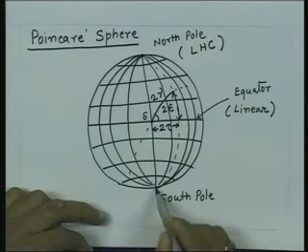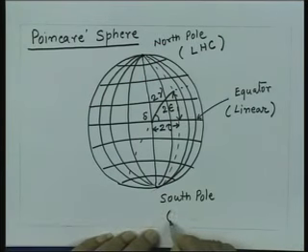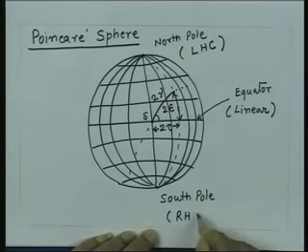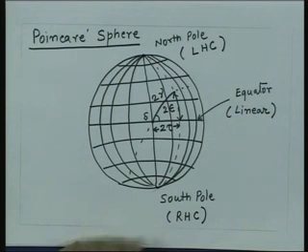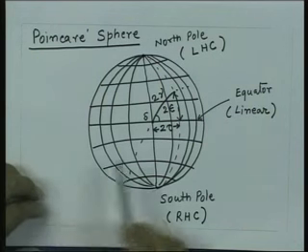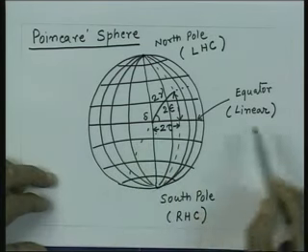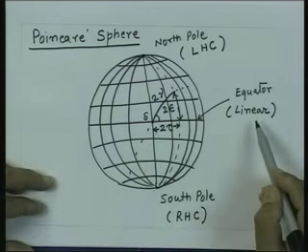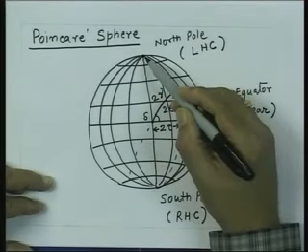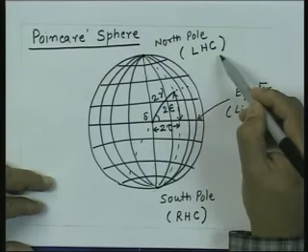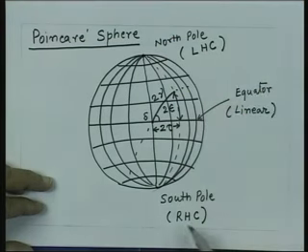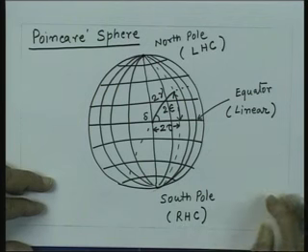So, this point essentially represents the right-handed circular polarization. So, any point lying on the equator of the sphere represents linear polarization. The north pole of this globe represents left-handed circular polarization, and the south pole of this globe represents a right-handed circular polarization.